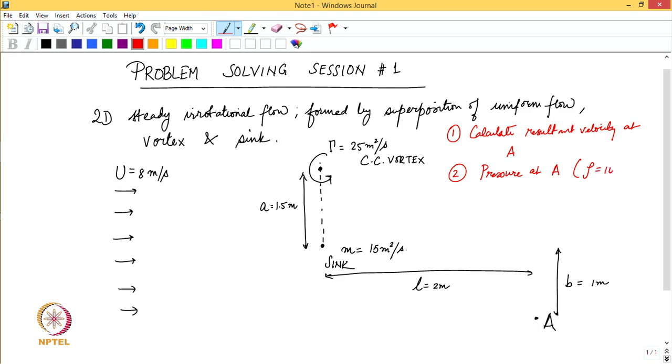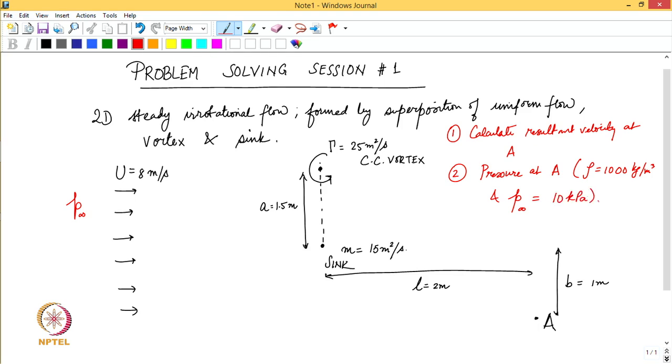So, the density is 1000 kilograms per meter cube, and the pressure far upstream, which I am going to now say is P infinity, which would be pressure which is far away from the sink and the vortex, is given to be say 10 kilopascal.